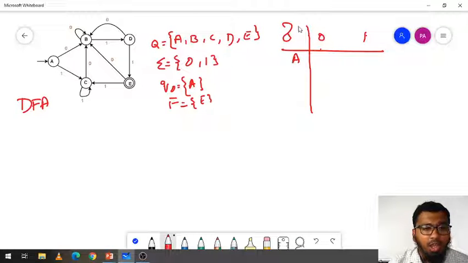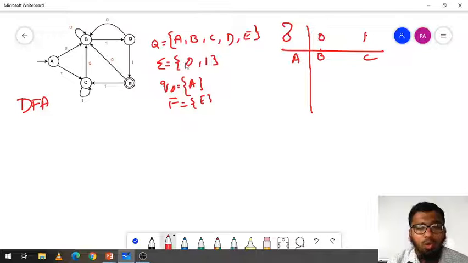From A on 0 is going to B. A on 1 is going to C. Next, B on 0, where it is going? B on 0 is going to B only.